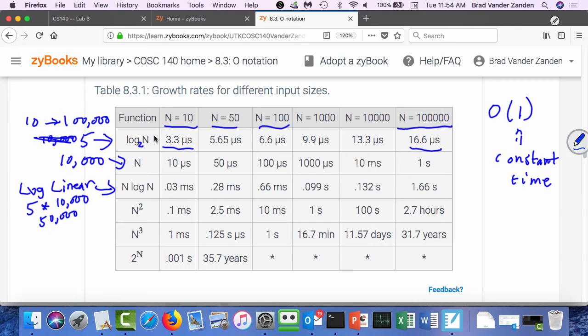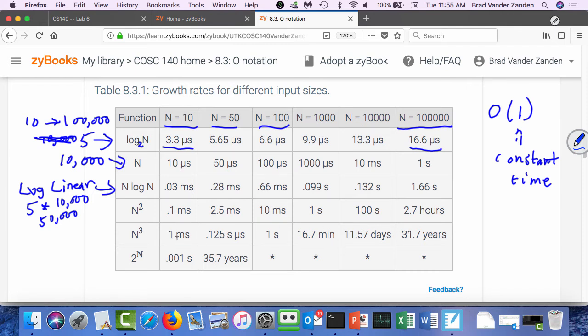N squared will go up by 10,000 squared, which is, as you can see, from 0.1 millisecond to 2.7 hours. N cubed goes up by a factor of 10,000 cubed, so you go from about 1 millisecond to 31 years. And 2 to the n, which is exponential, is horrific.